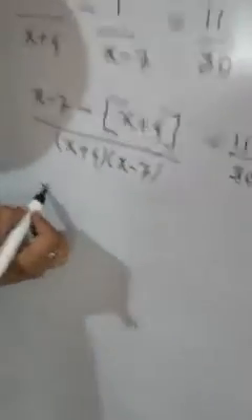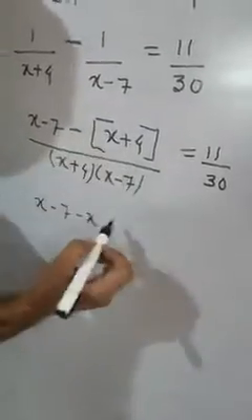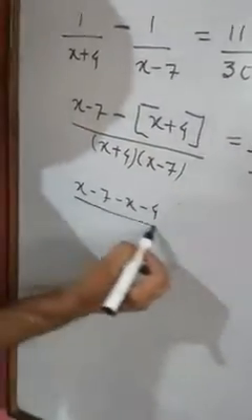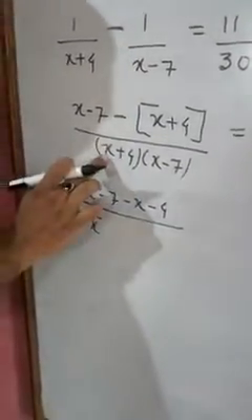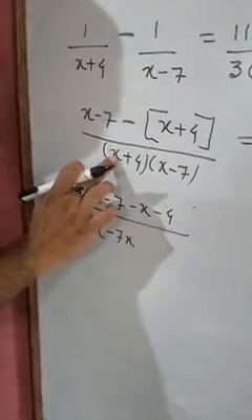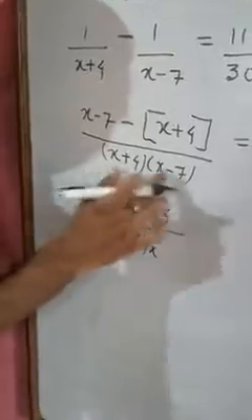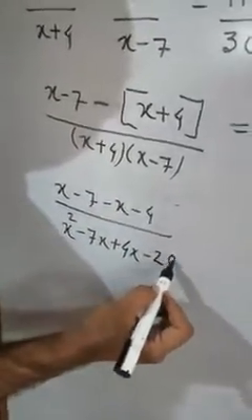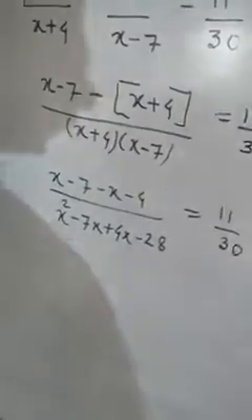Now x plus 4 minus x minus 7, upon x square, x into 7 minus 7x, and 4 into x plus 4x, and 4 into 7 minus 28, equal to 11 upon 30.